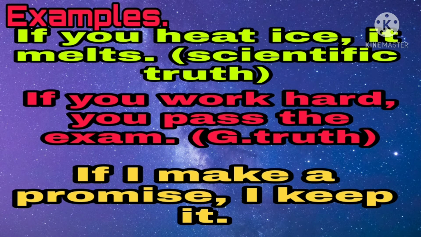Here the above examples clearly show that each example uses the present indefinite form, which is verb 1, in both the clauses. In our first example, the verb heat is in the present simple or present indefinite form in the if clause, and the verb melt is also in the present indefinite form in the main clause.